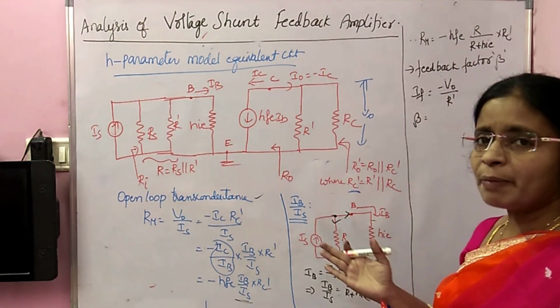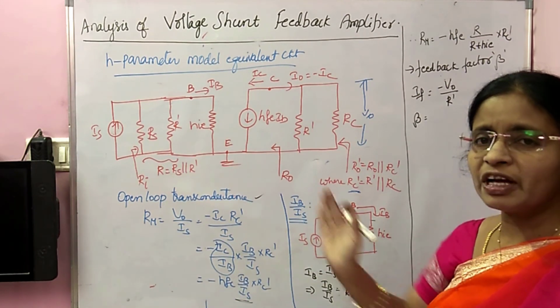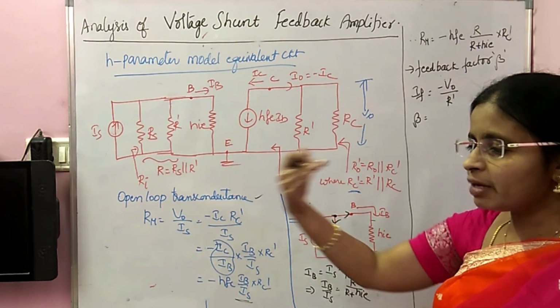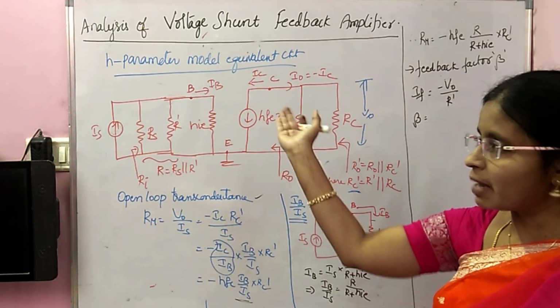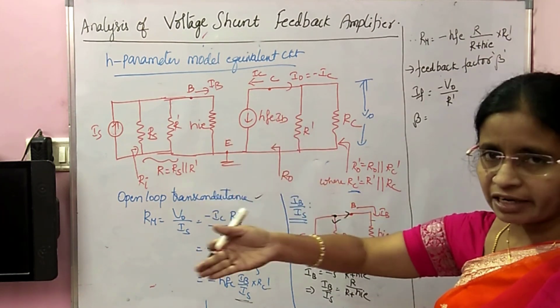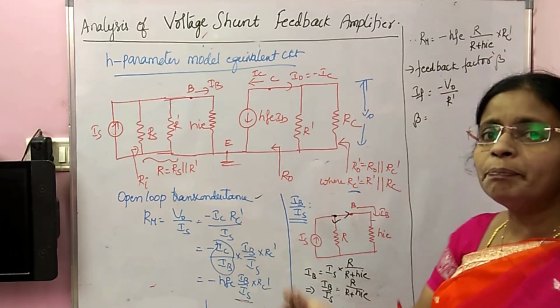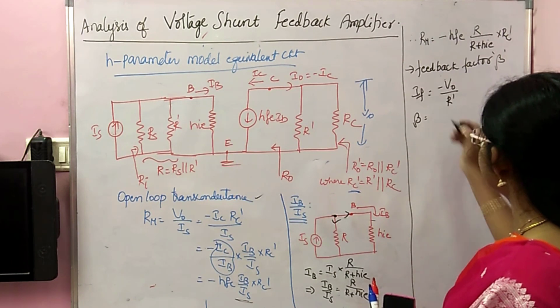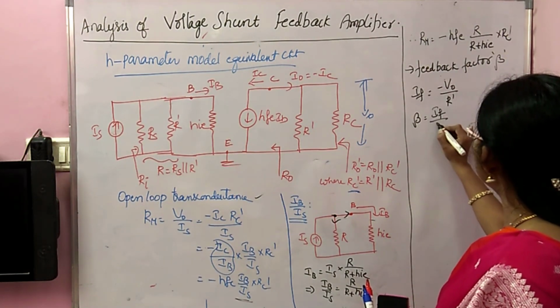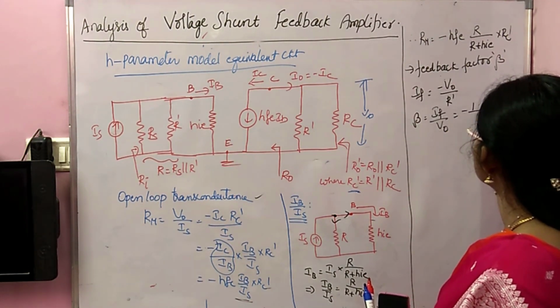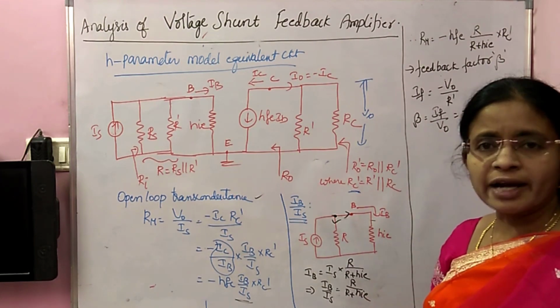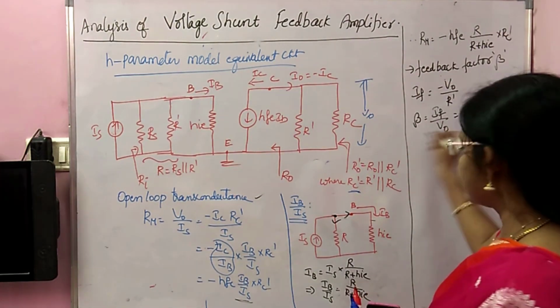Beta is feedback network output by feedback network input. The feedback network output, meaning the feedback resistor R dash output, is IF. And the feedback input is the output voltage. So it is IF by V0. So it is minus 1 by R dash.